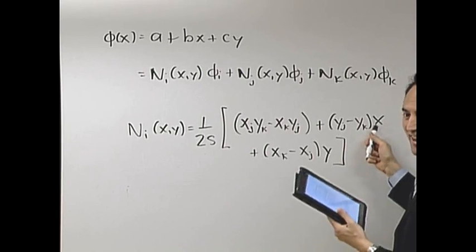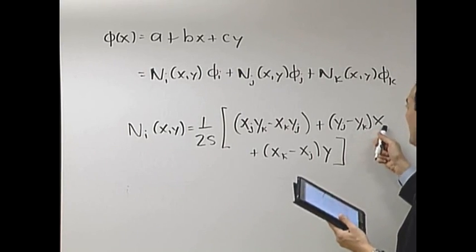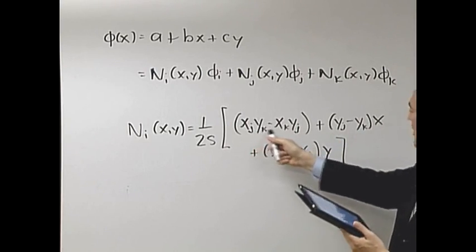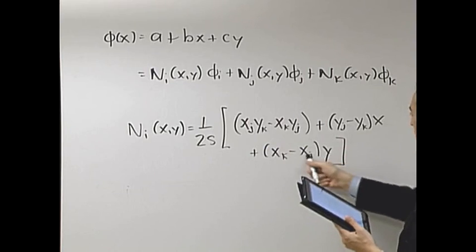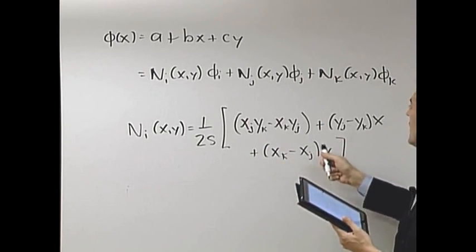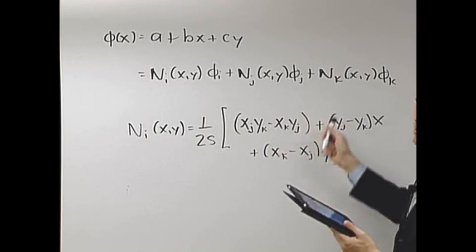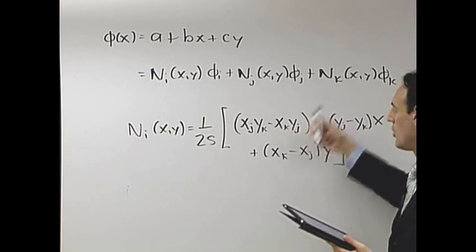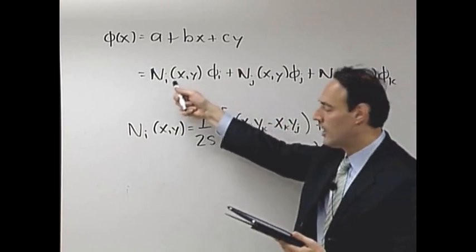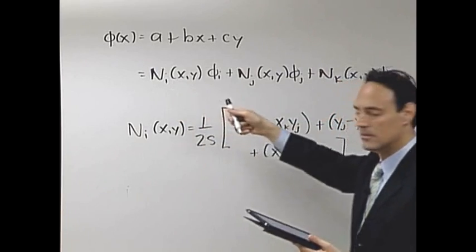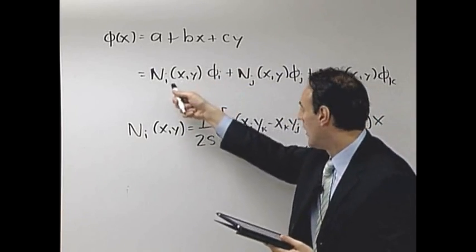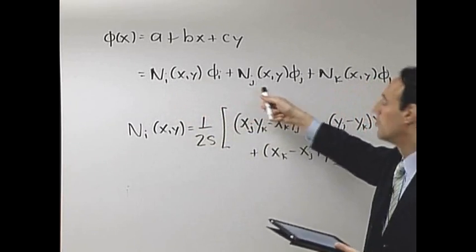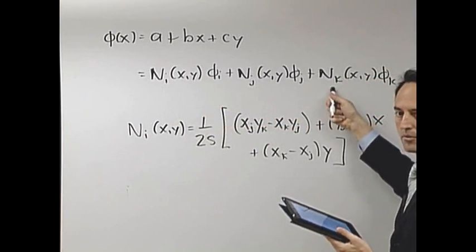Xk, nixnay, okay, xk, yj, I have that, and then I have canceling there, and then here I already canceled that guy, and I have xk, yj, minus xk, yj, zeros. And I can do the same thing if I put in xk, yk. Okay? So these are either 1 or 0. 1 at the ith point, 0 at the other 2 points. 1 at the jth point, 0 at the other 2 points. 1 at the kth point, 0 at the other 2 points.